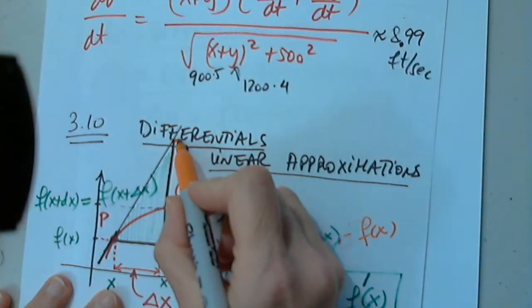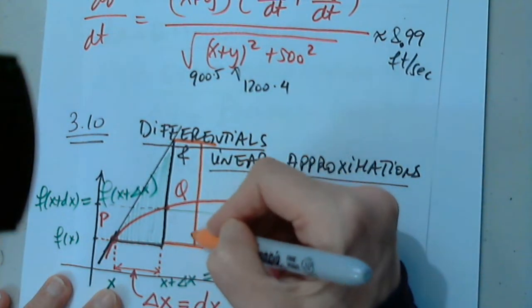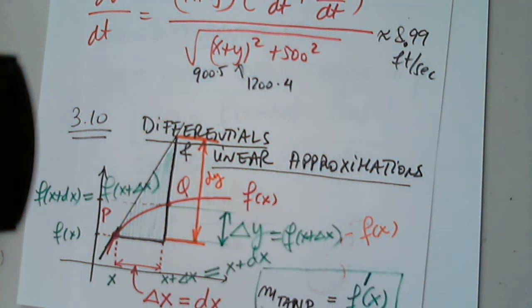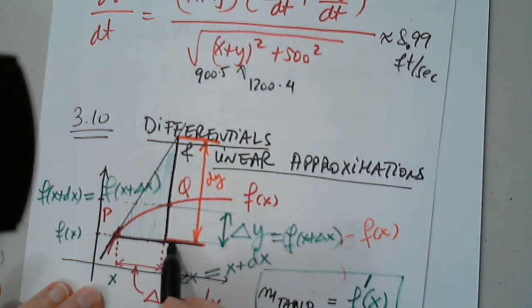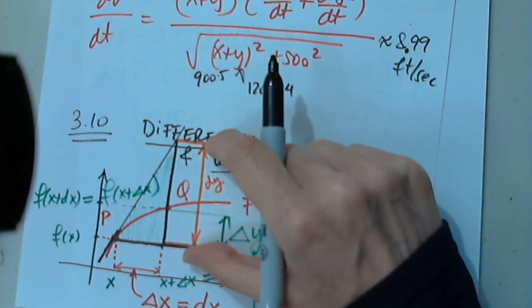So then this is the dy. This piece, of course, this should be. So indeed, this is dx and this is dy.